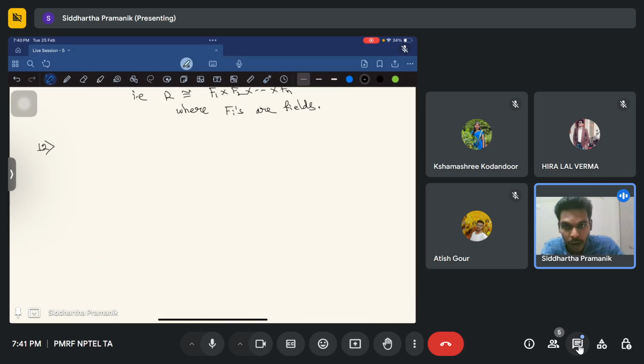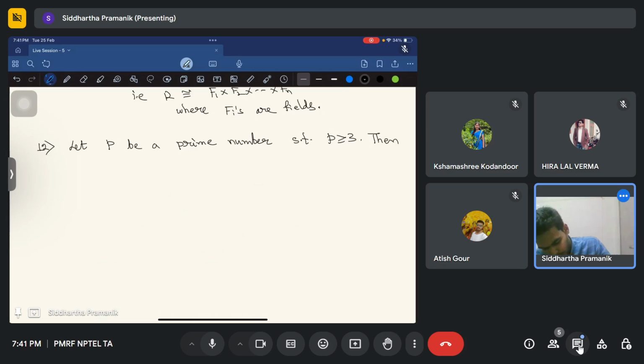So I want to say that this statement can be generalized. Let p be a prime number such that p is greater than or equal to 3. I am avoiding the even prime.